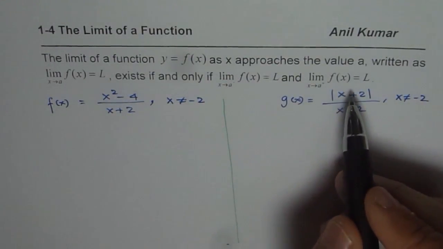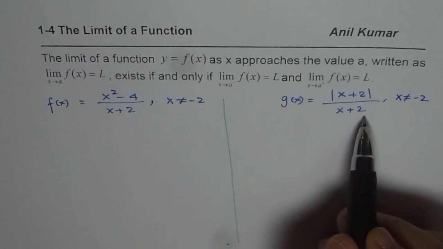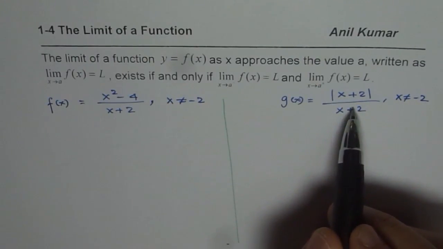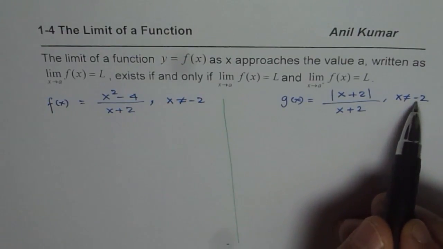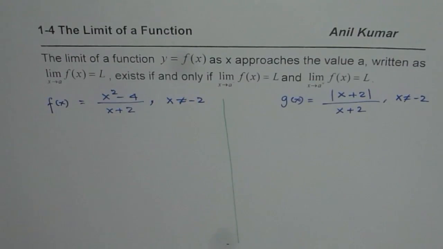Now idea of limit is that we have to get closer to the point of interest. We may not be there. So even if the point is not there in the domain of the function, we can still find limit of the function at that point since we are approaching that point. So I hope that concept is absolutely clear.